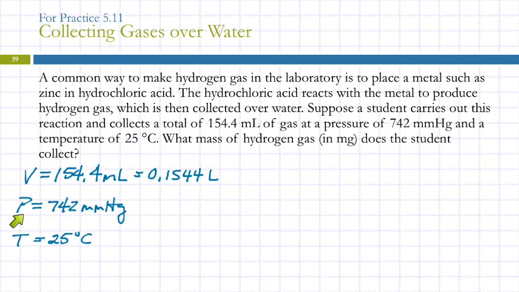This is the total pressure, and it includes the pressure of water vapor. They didn't give me anything about vapor pressure of water. I'm supposed to know from the phrase collected over water. How do I find the pressure of the hydrogen gas?